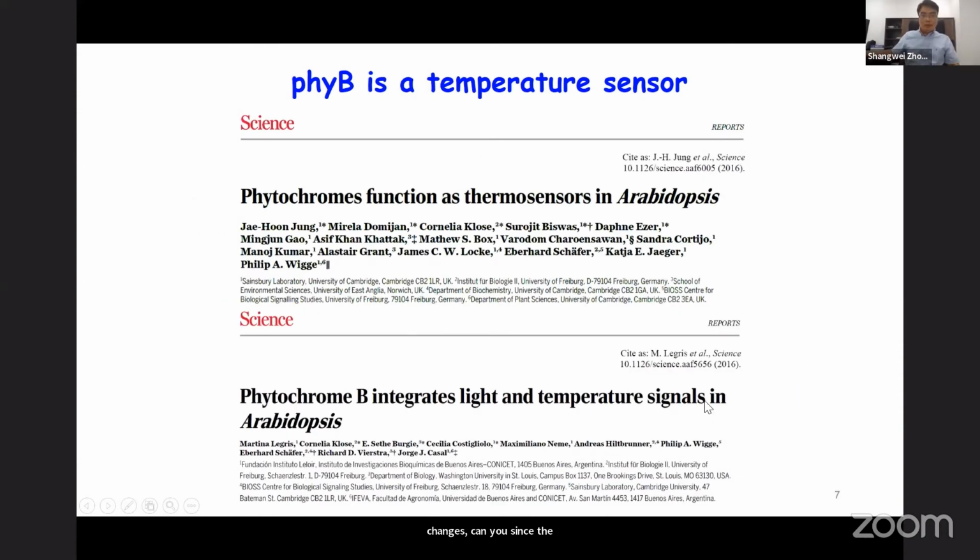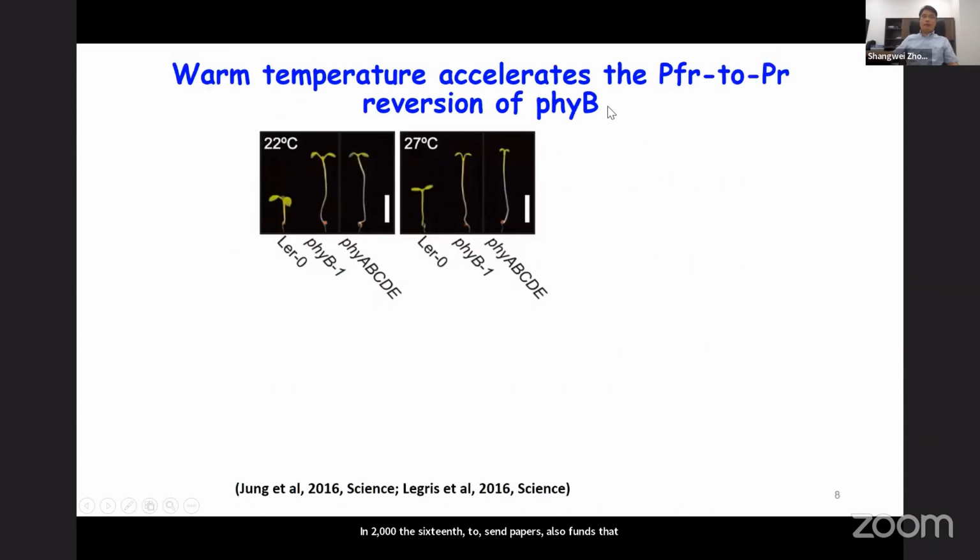In 2016, two Science papers found that phyB also functions as a temperature sensor. In wild type, when the seedlings are moved to a higher temperature, hypocotyl elongation will be promoted.